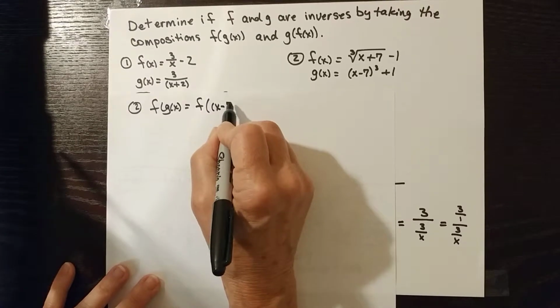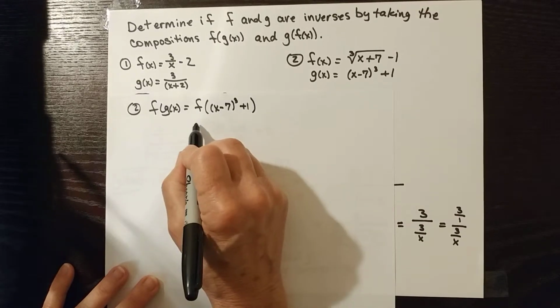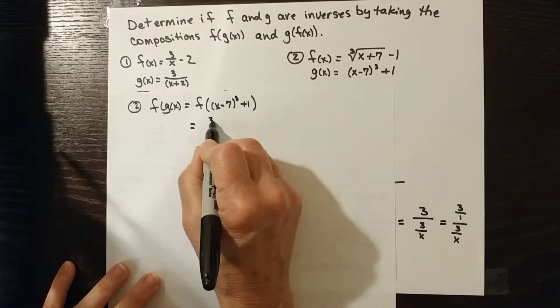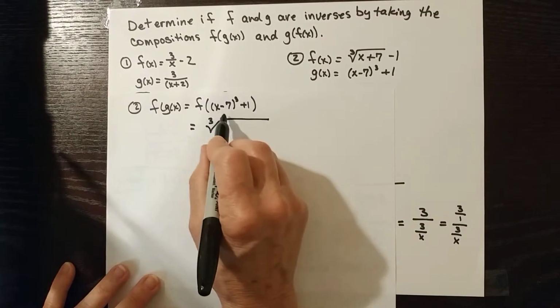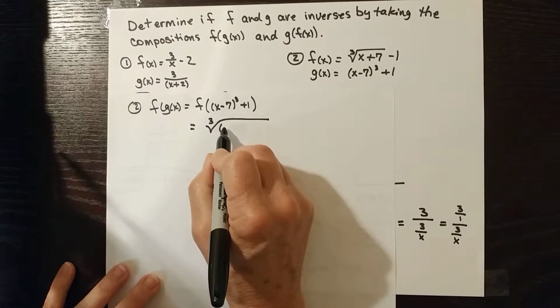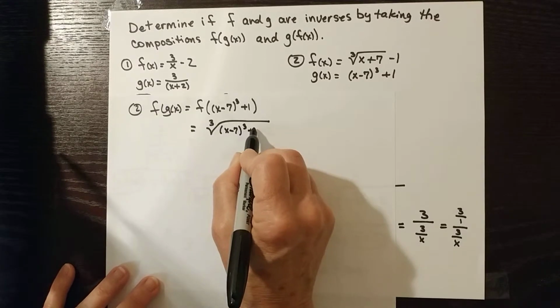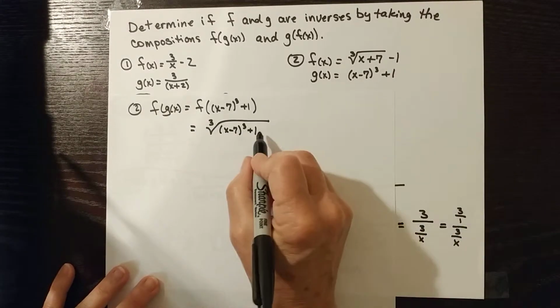Okay, f of g of x is equal to f of whatever I have for g of x, x minus 7 to the 3rd power plus 1. And so that is going to be equal to the f function, the cube root of x plus 7 minus 1, whatever, and this is what I have for x, this whole expression, x minus 7 to the 3rd power plus 1, that's what I put in there for x.